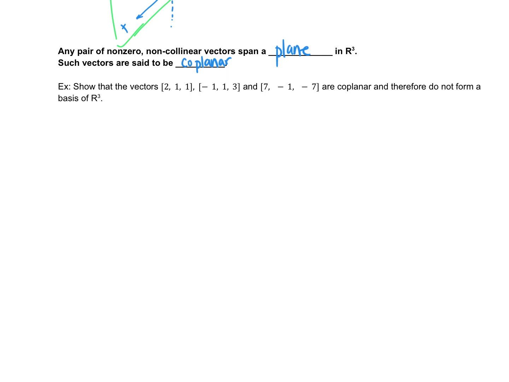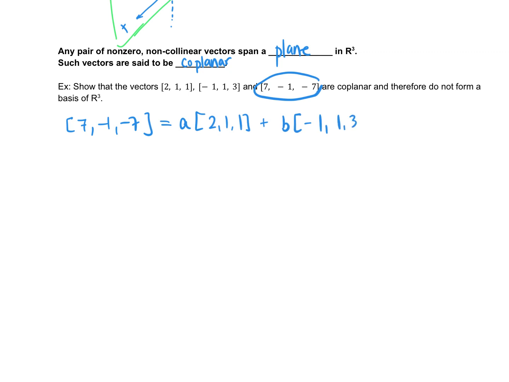So let's just pick a random set. I'm going to try to write this vector here as a combination of the other two. So (7, -1, -7) is going to equal, maybe, we don't know, a times the first vector plus b times the second vector. And this is going to be the exact same as the previous example, except now we have three components, but it's still only two unknowns.